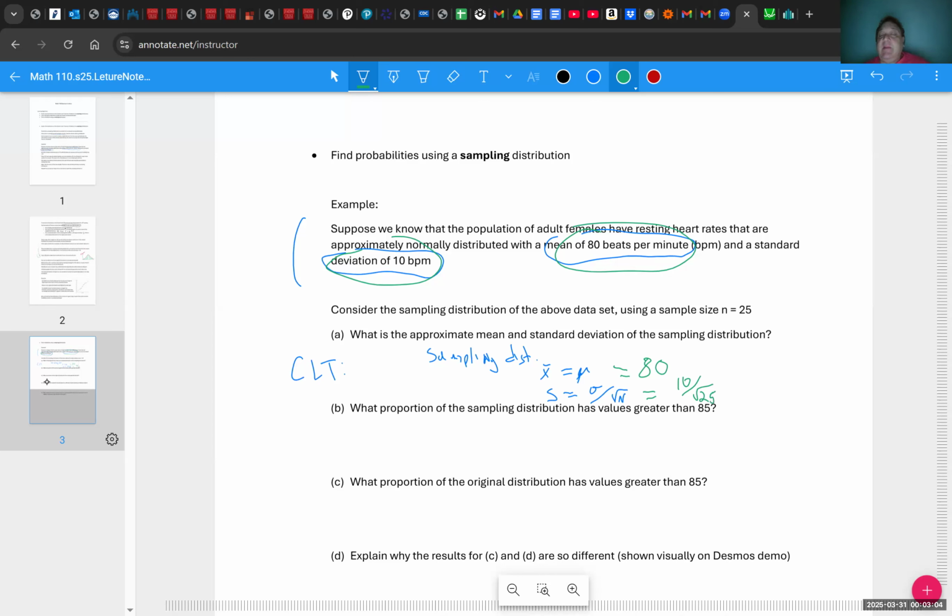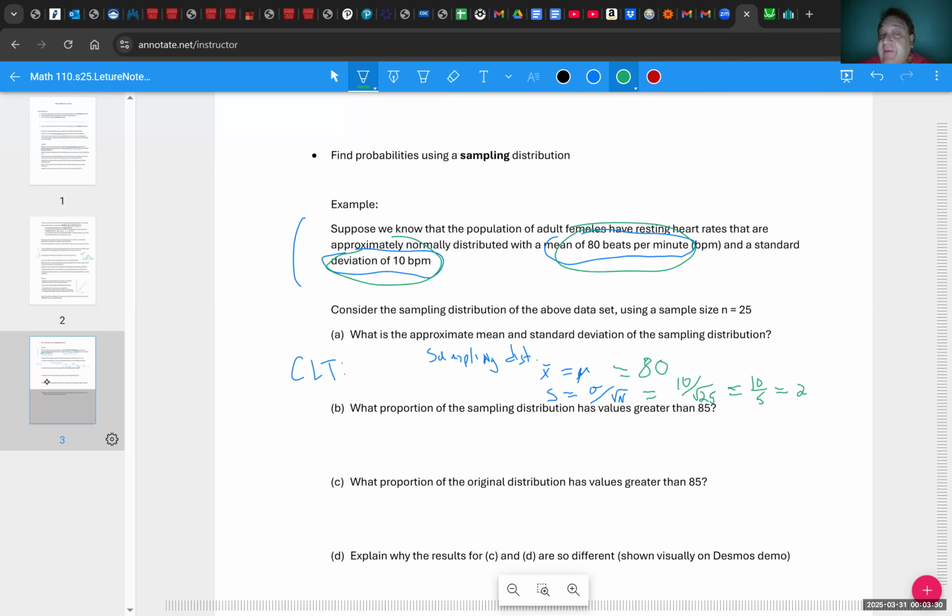So it would be 10 divided by square root of 25. You can grab a calculator, but I know the square root of 25 is 5, because 5 times 5 is 25. And so 10 divided by 5 is equal to 2. So the standard deviation of this new sampling distribution is 2.